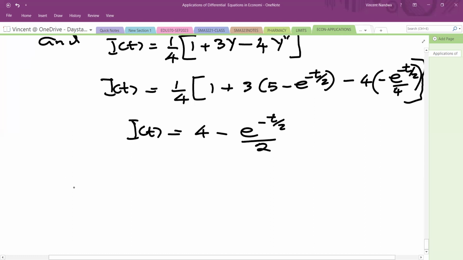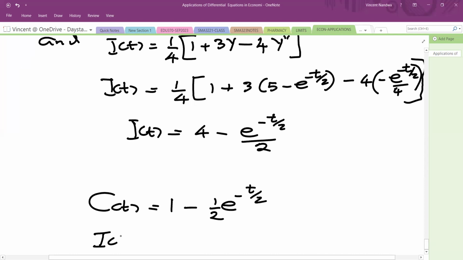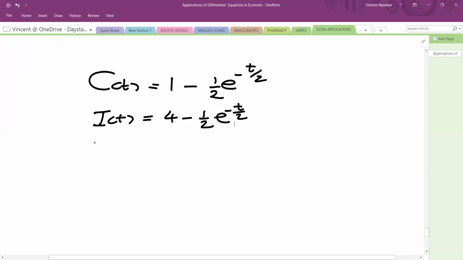So now we have the C function given by 1 minus a half e raised to the power negative t over 2. The I function is 4 minus a half e raised to the power minus t over 2. And the y function is 5 minus e raised to the power negative t over 2.